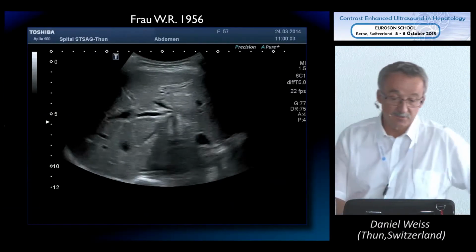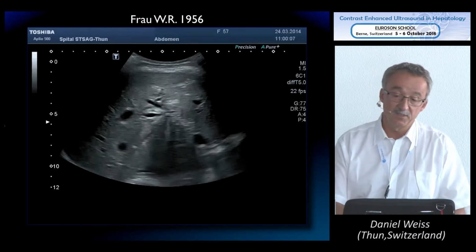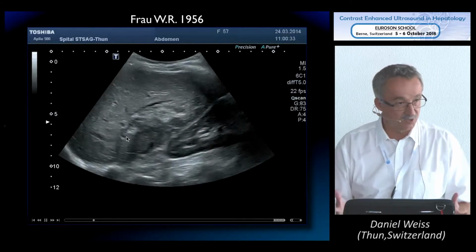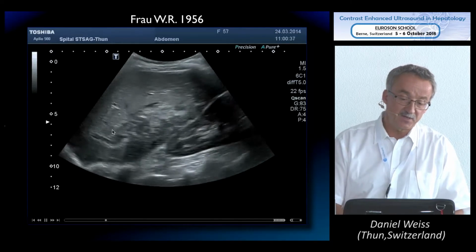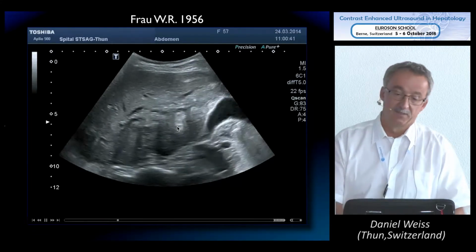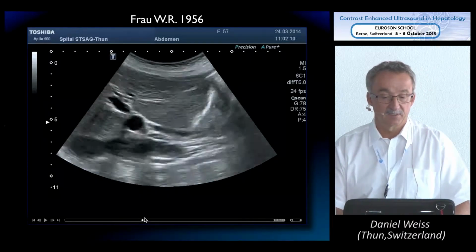Okay, let's look at this situation here. This is a woman, and you have a destruction of the liver. You have calcifications. You have an area not well defined, that doesn't look very good.